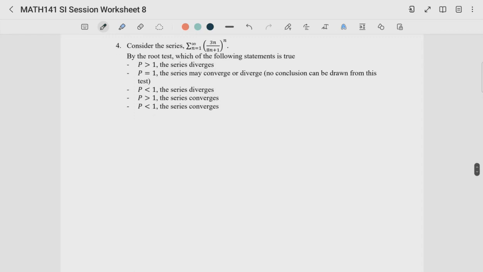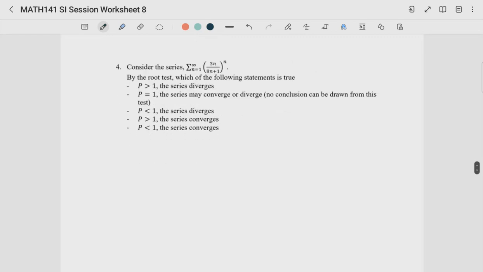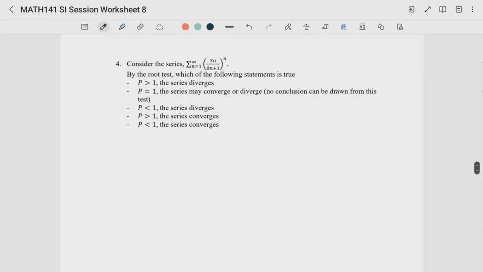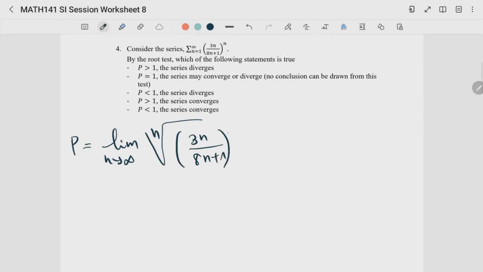The root test just tells us we have to take, not the square root, but rather the nth root of the series, and then take the limit of that. So you have to find p such that it's the limit as n tends to infinity of the nth root of the series, (3n over 8n plus 1) to the n, which is just the limit as n tends to infinity of 3n over 8n plus 1.